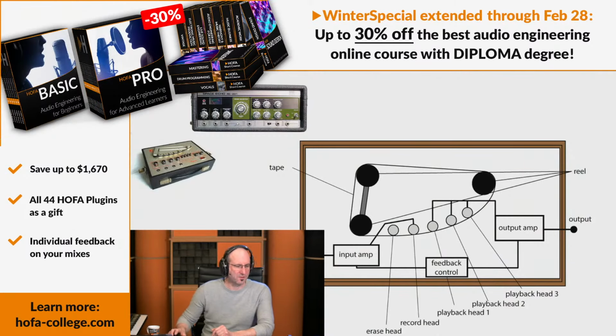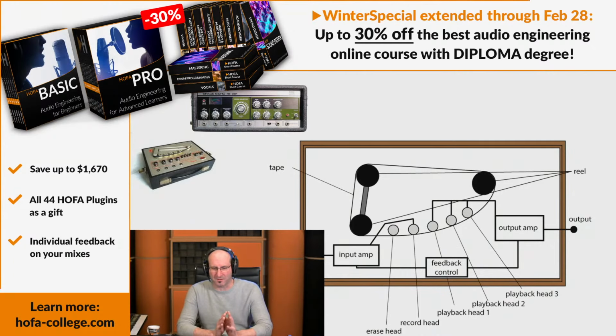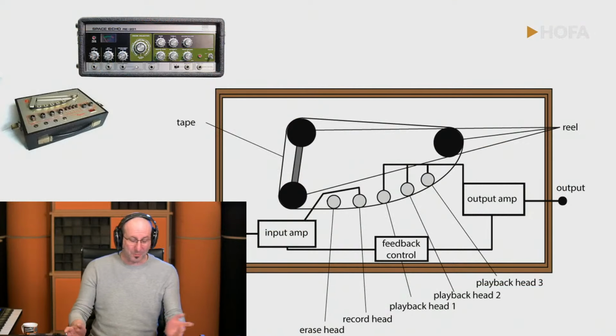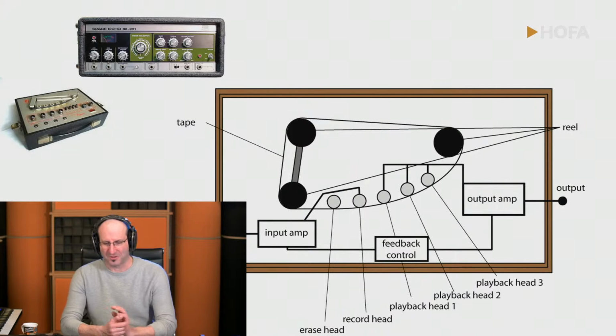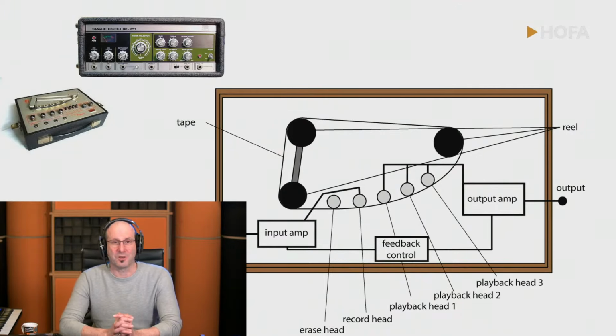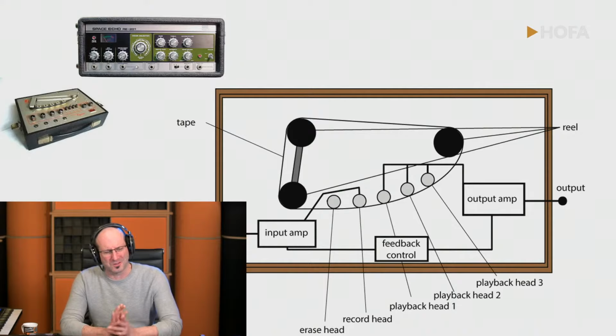The two effects you can see here on the left side, especially the space echo, are real legends. And I remember when I started making music as a teenager, we didn't have money for a real digital reverb unit or something like that, and we only had a space echo. No, it wasn't even a space echo.